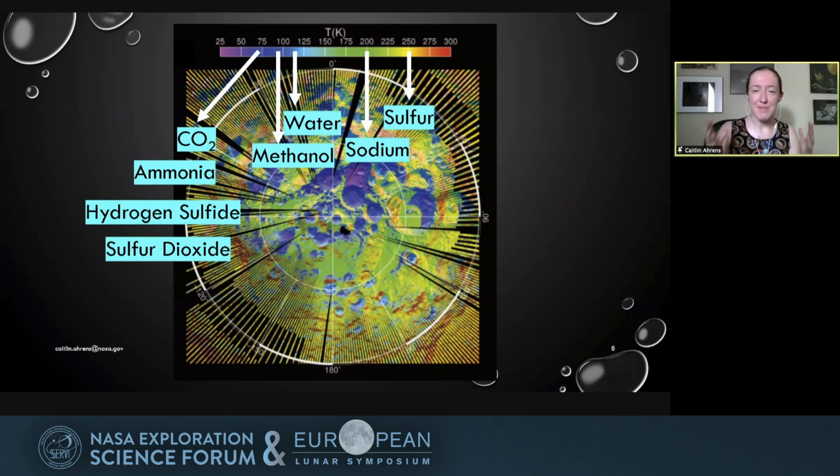So these are about the maximum temperatures that some of these volatiles would be frozen at. And so again, it's not just water ice. It's so fascinating. You can have sulfur types of volatiles, CO2, ammonia, and then hydrogen sulfide and sulfur dioxides. Julie Mitchell is actually doing some amazing work with these types of volatiles as well, and she and I have been chatting a lot about these different kinds of fun ices.